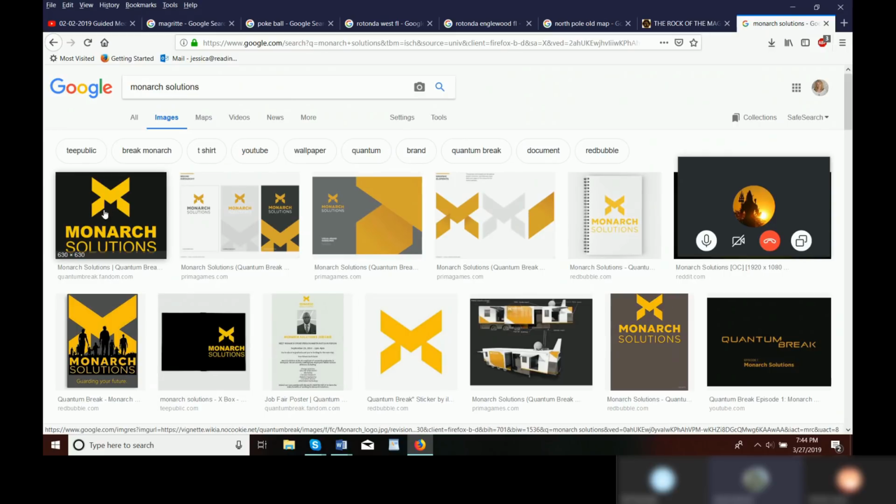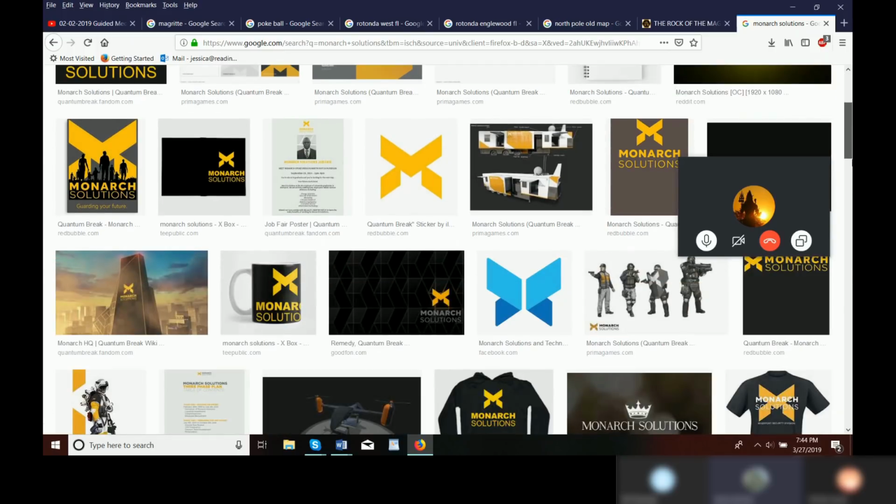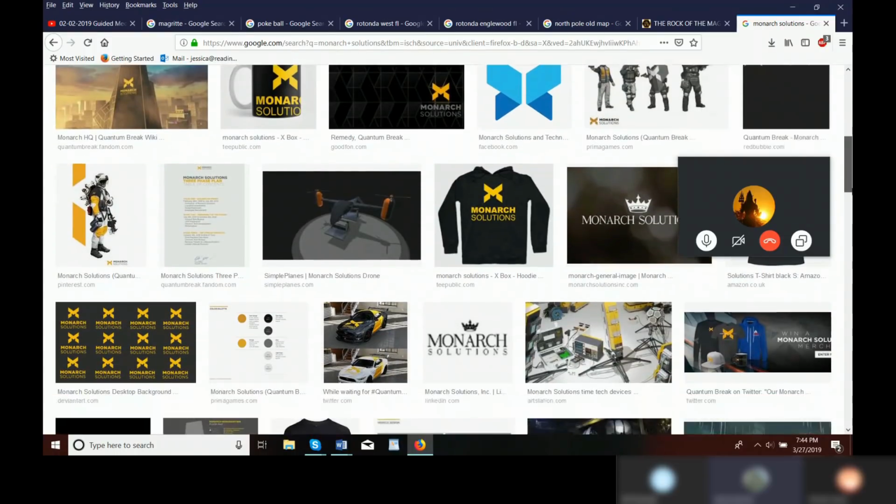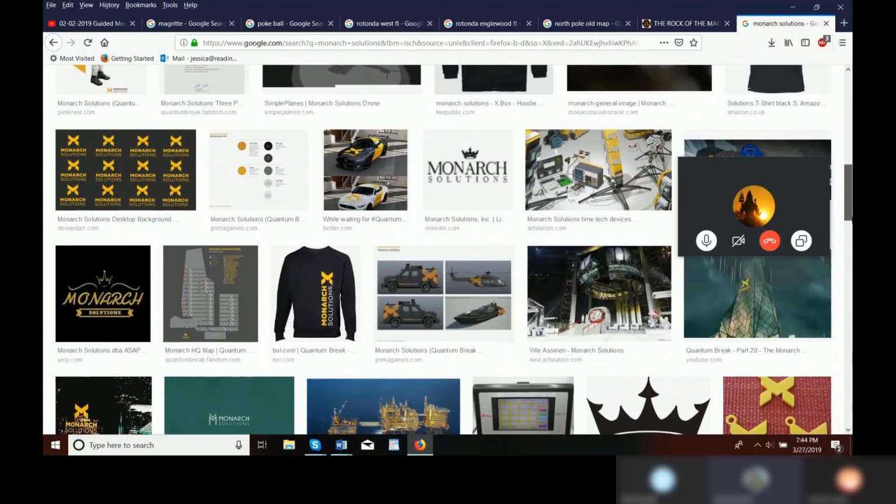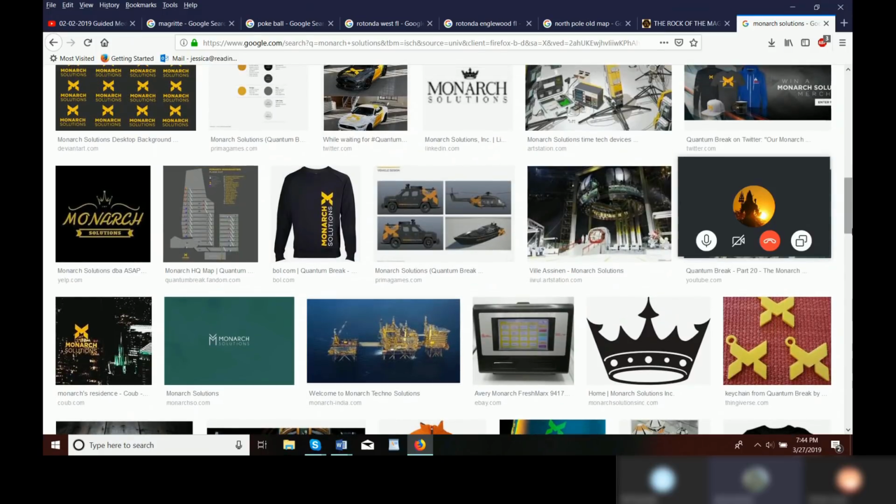It's kind of cut in a way. But there is the M also. But there's different ways that they do it. But that is definitely, here's another. See the M there?